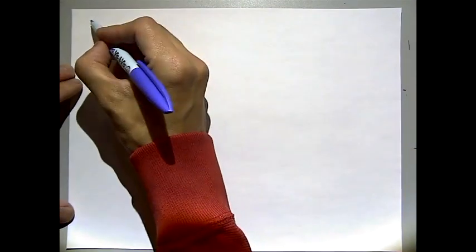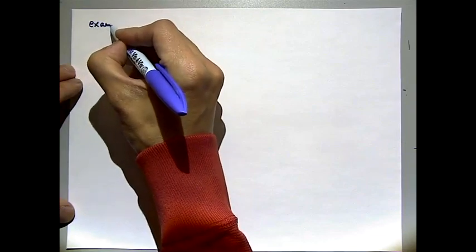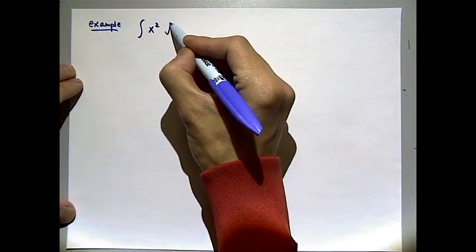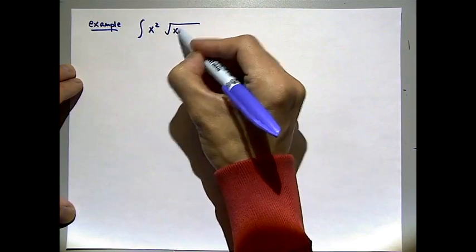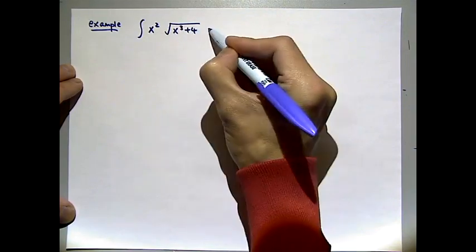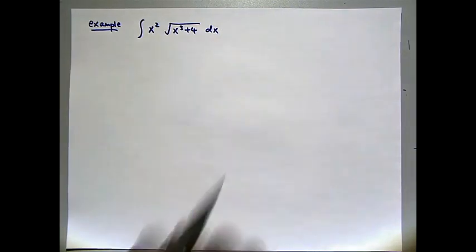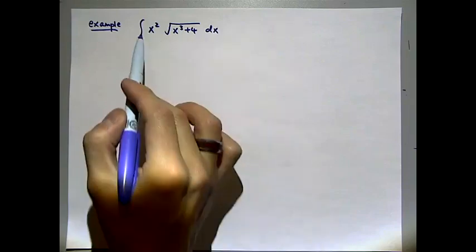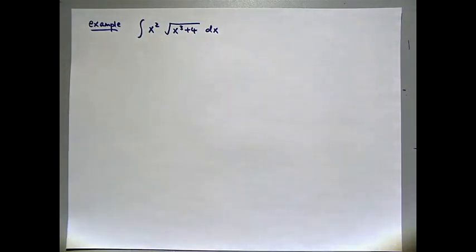Let's look at this one: the indefinite integral of x squared times the square root of x cubed plus 4. So some mysterious function has this as a derivative. We want to find out what that function is.